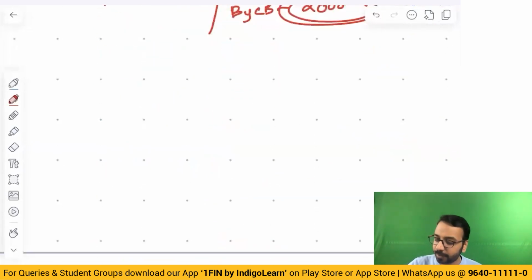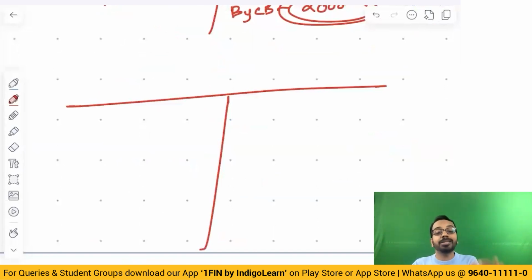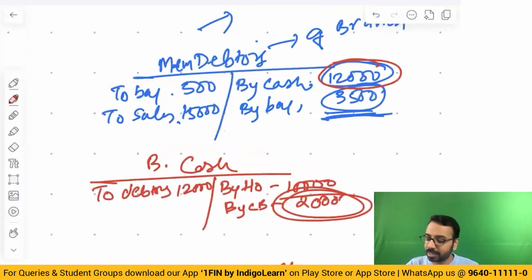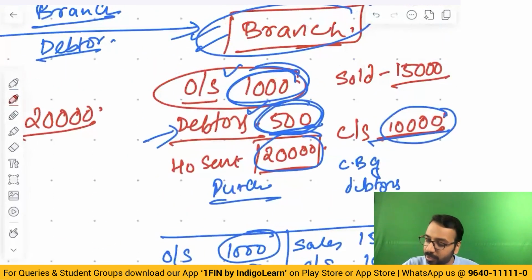Now, if I follow the debtors method, branch is treated as a debtor. So I will prepare a branch account. In the branch account, I will say at the opening of the year, branch, what are the amounts that you have to give me? Branch has opening stock of 1,000 and debtors of 500.